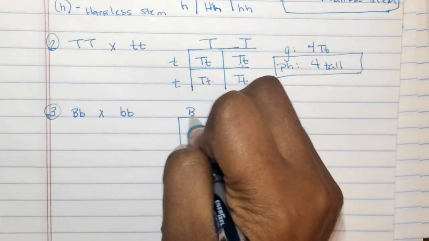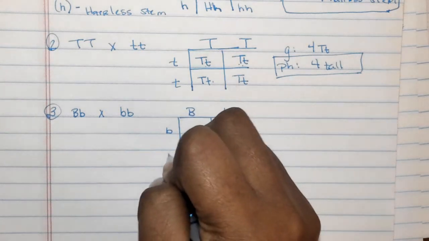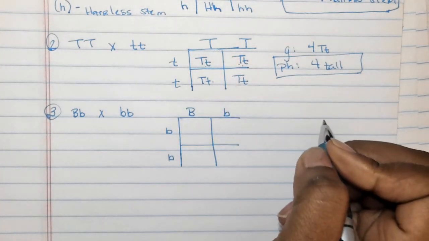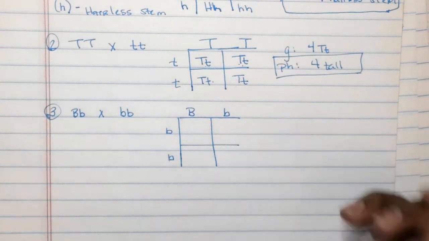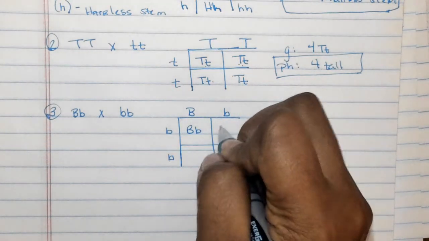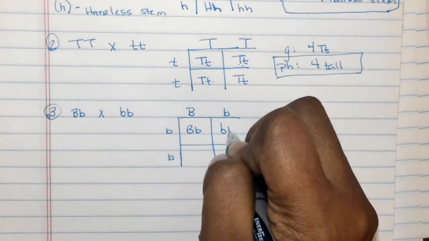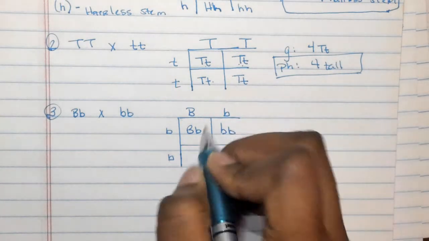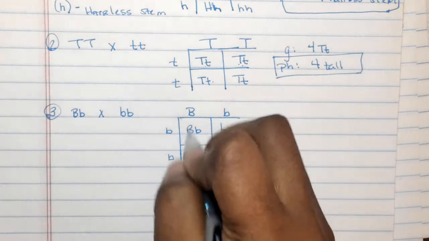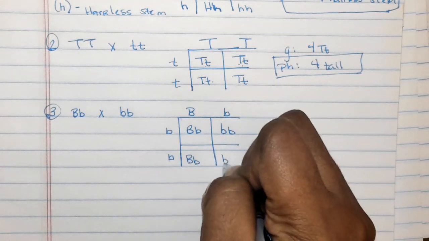Okay, I'm going to separate big B, little b, little b, little b. So the first offspring is big B, little b. The second, right here, is little b, little b. And big B, little b, little b, little b.